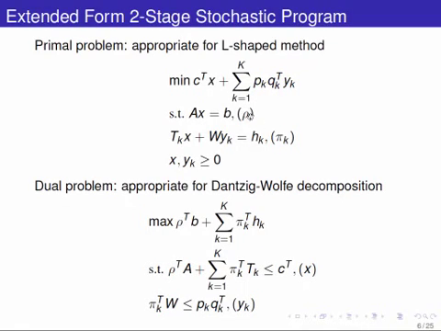So I'm using rho to denote the dual multipliers of the first stage equality constraints, and pi k to denote the dual multipliers of the second stage equality constraints. If we take the dual of that problem, we arrive to something like this, which has exactly the form that I mentioned earlier. So this is an indicator that you can be applying Dantzig-Wolfe.